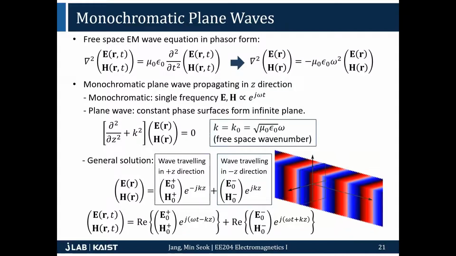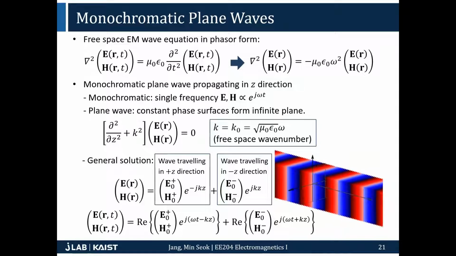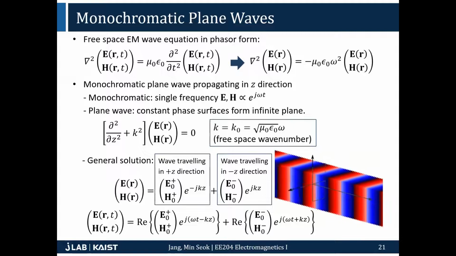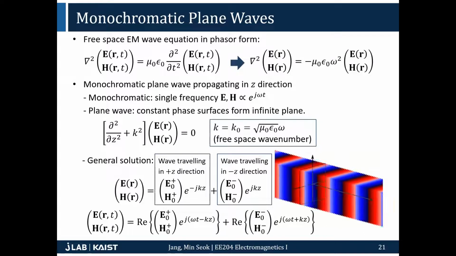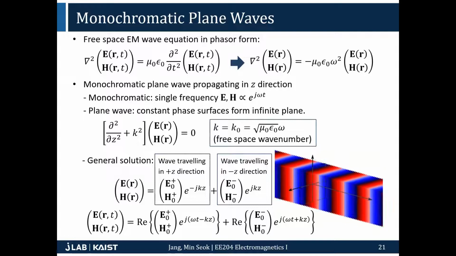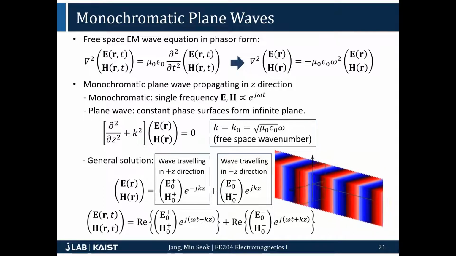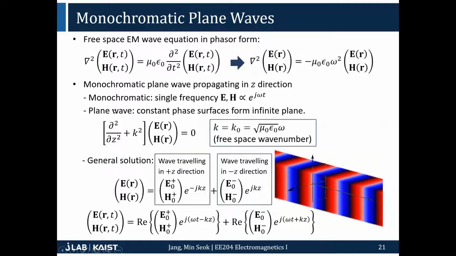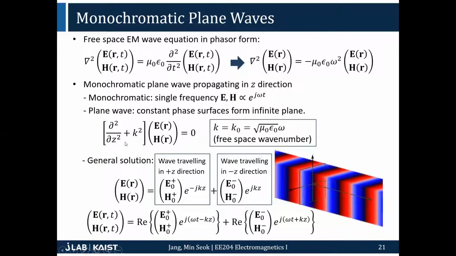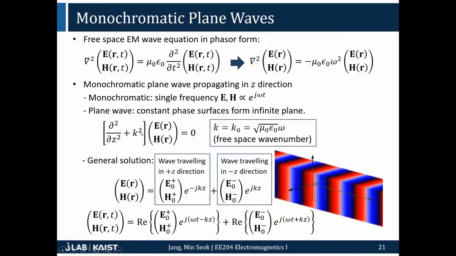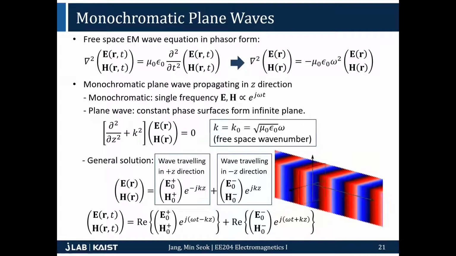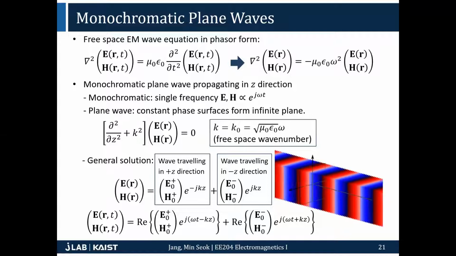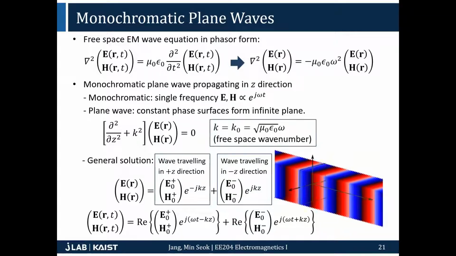Second, it's a plane wave, which means it only changes along the propagation direction, but in the perpendicular directions it doesn't change at all. With these assumptions, the wave equation was simplified to d squared dz squared plus k squared. We know the general solution of this equation, and we can solve it, right? So that's how our logic went.